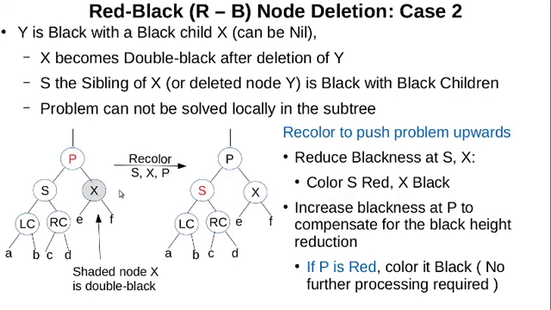To compensate for this black height reduction, we increase the blackness of their parent node P. In this case, node P is red. When we increase blackness at P, it turns black. No further processing is required as all the red-black tree properties are satisfied.